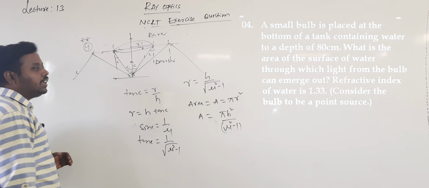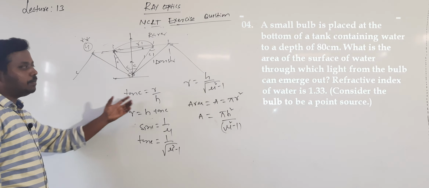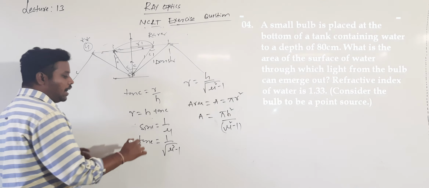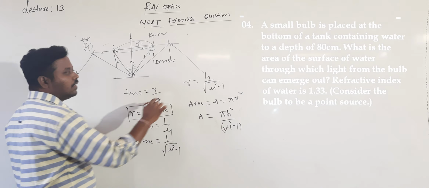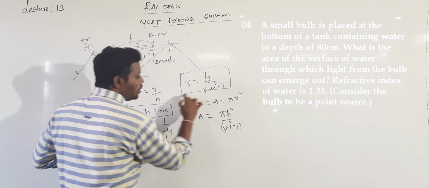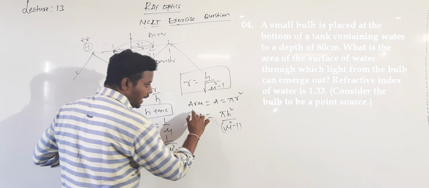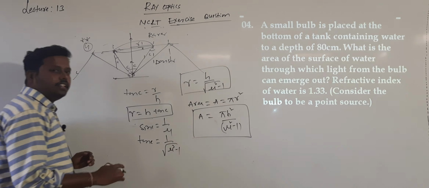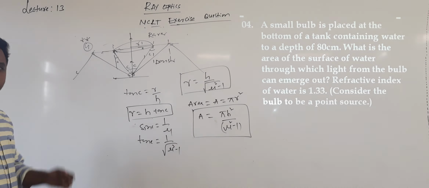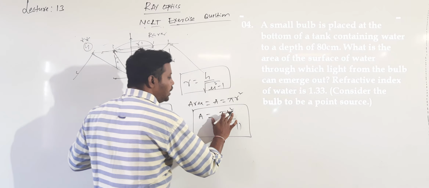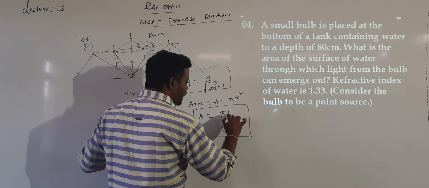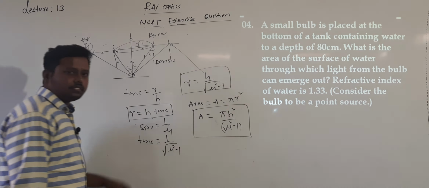The concept is important, and these formulas are important. R is equal to h into tan C, one formula. R is equal to h divided by root over mu square minus 1, another formula. And the area formula is pi into h square divided by mu square minus 1.